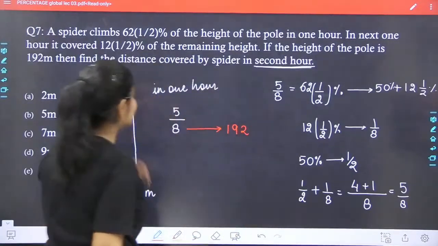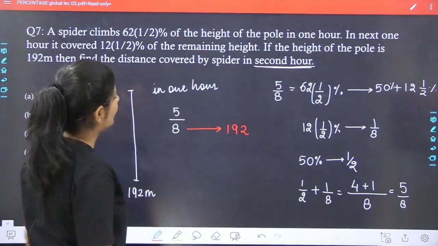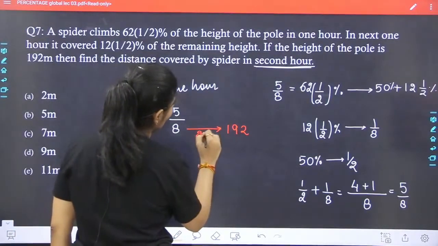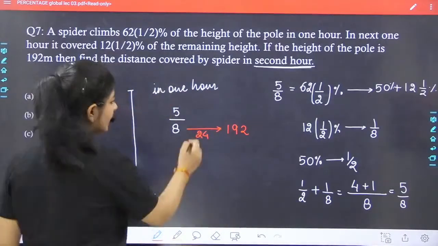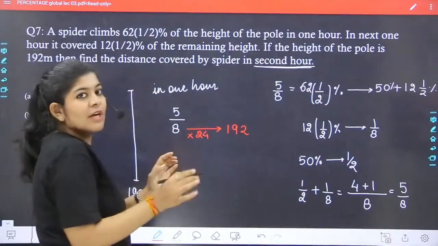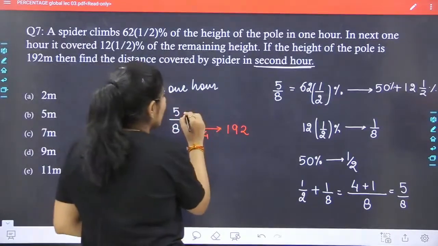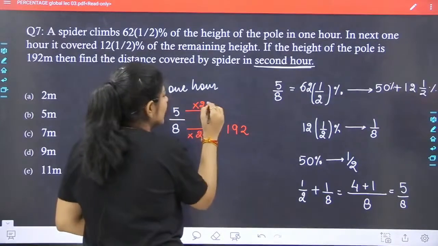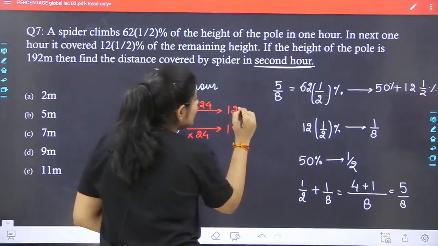That means it is present on the multiple of 24. Now if we want to calculate the distance covered by the spider in the first hour, we have to multiply this value by 24 and I'll get 120 meters as my answer.